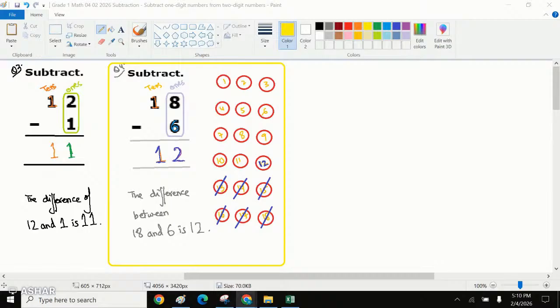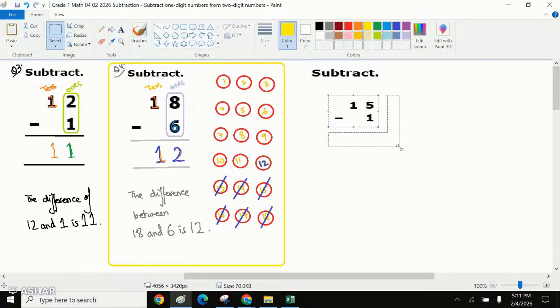Right now, what we are looking at is the number at the top, that is a larger number, always, for now, but it is possible that it could be 11 minus 5, right? Other way also. So when we look at this question, can we say that we have the ones and we have the tens? Agreed?